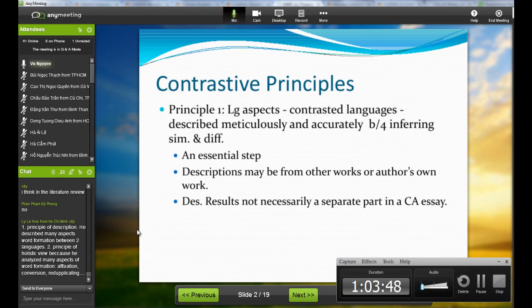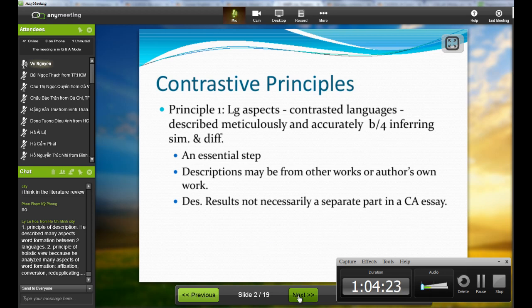Now, so let me come back. We see actually a lot of meticulous comparison and description of two languages. Actually, we can expect more, but within the scope of a student essay, this is quite an amount of description before she started to analyze.